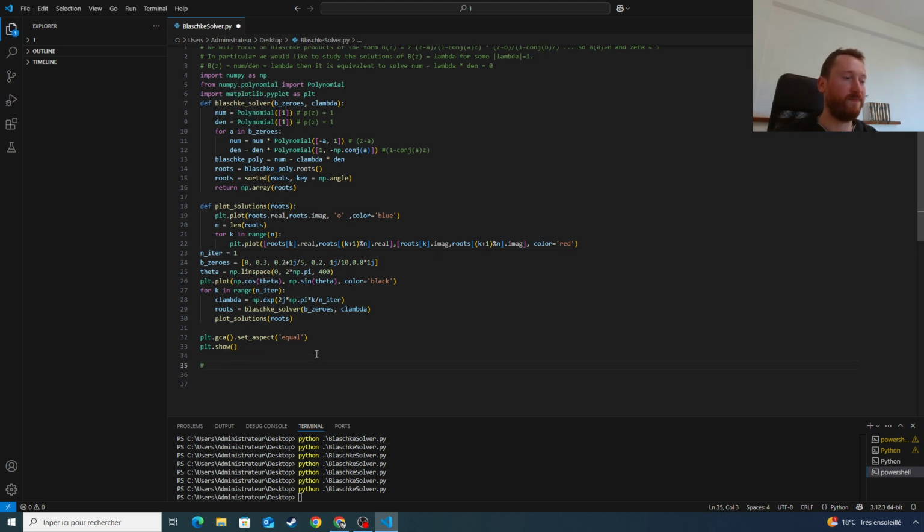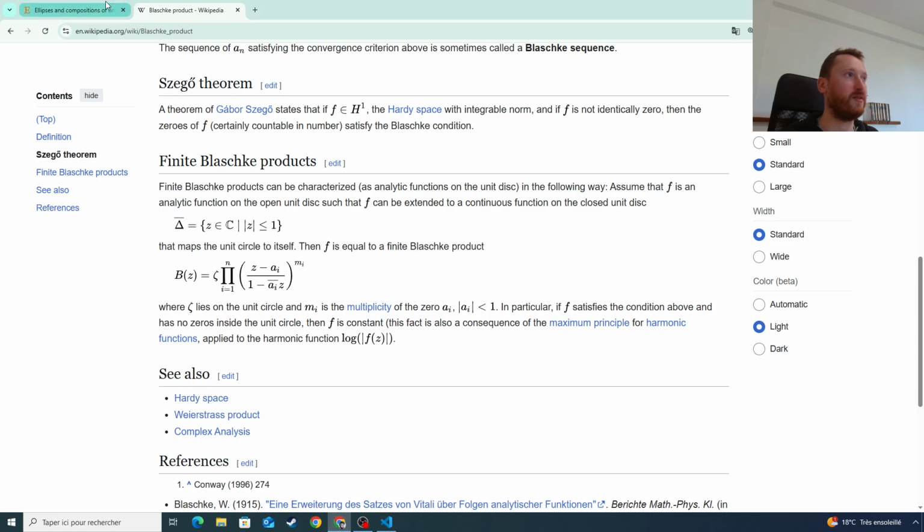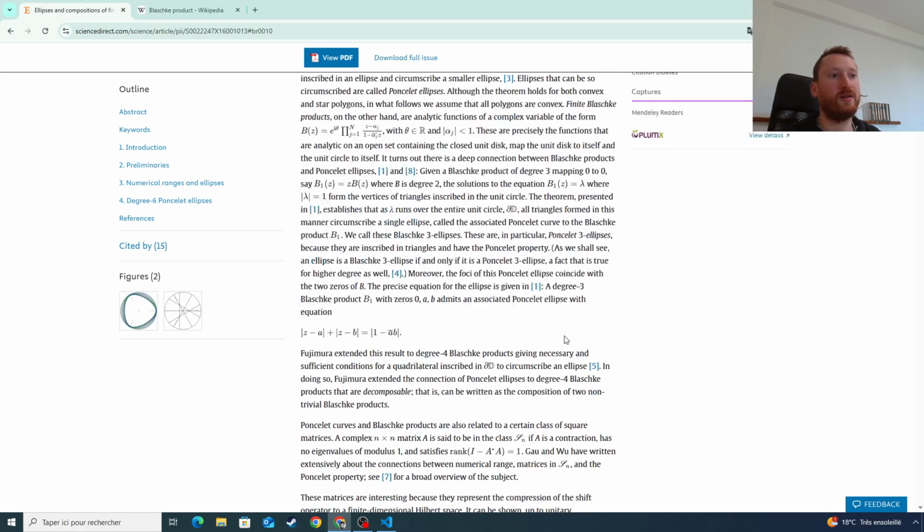So the first one is the following. It is said here: a degree 3 Blaschke product with zeros 0, a and b admits an associated Bentley ellipse with equation the norm of z minus a plus the norm of z minus b is this constant. That's for degree 3 Blaschke products.